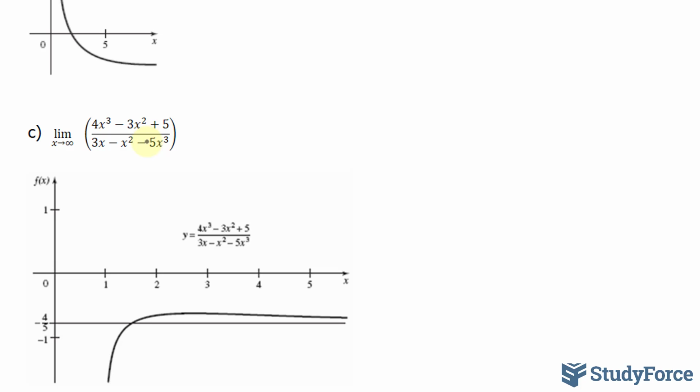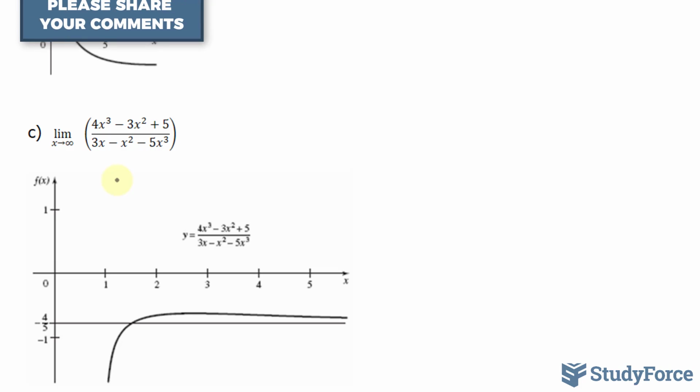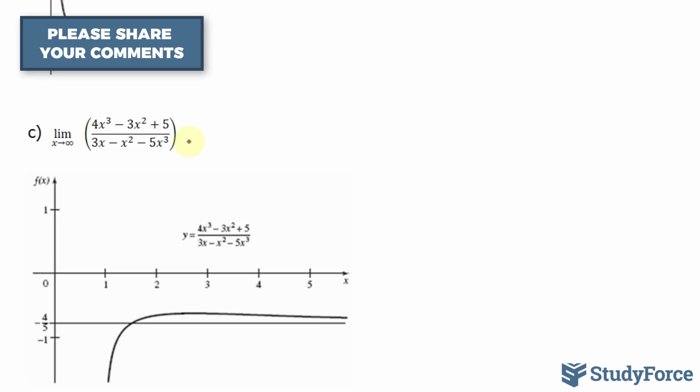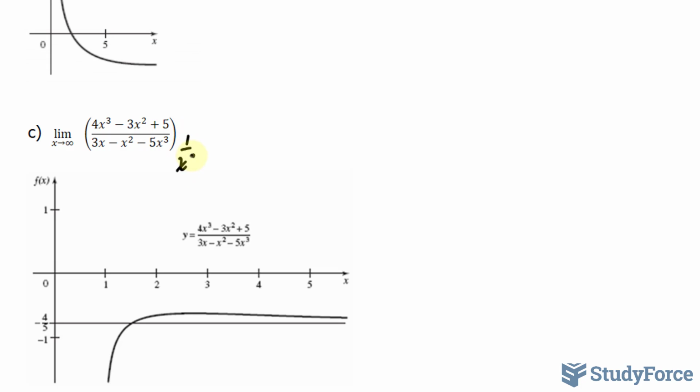Another technique is to multiply the top and the bottom of this quotient by the reciprocal of the highest power. Notice that the highest power here is x to the power of 3. So what I can do is multiply the top and the bottom of this fraction by 1 over x to the power of 3. And what I do to the bottom, I need to do to the top. Now this technique is not used very often, but you have to do what works. And in this case, it will.